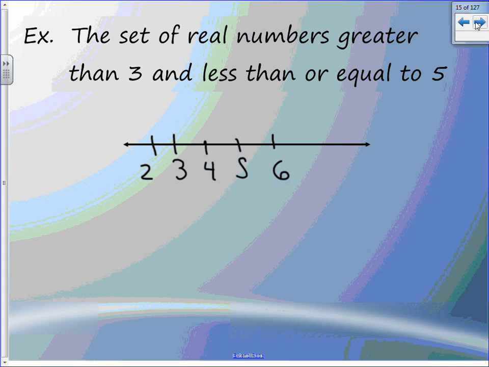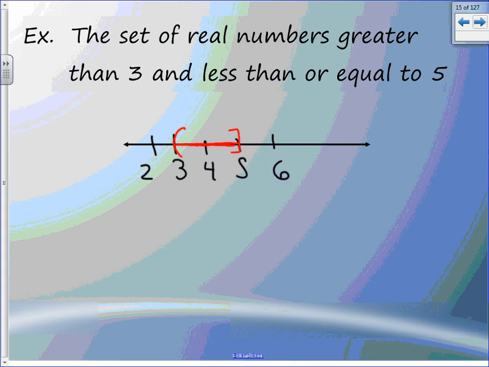So on the 3, you said parentheses on 3, because it's just greater than 3. It doesn't include the 3. And then what goes on the 5? Bracket. And then what you need to do is shade in between.